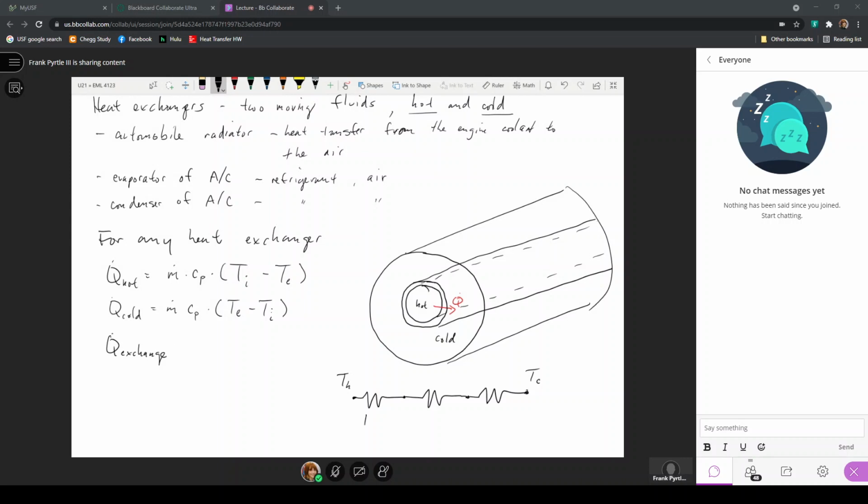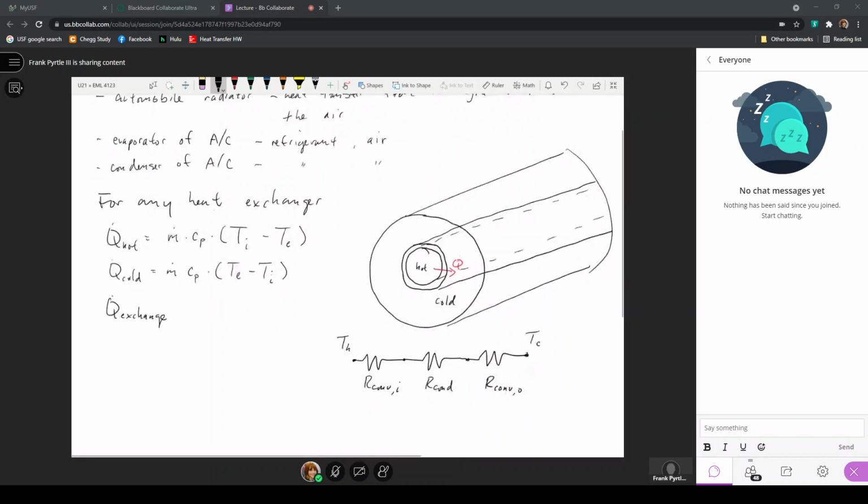And we would have a convection resistance on the inside, a convection resistance on the outside of this pipe, and we would also have a conduction resistance through the thickness of this pipe that separates the two fluids. So we could define a total resistance that we just call R, but it's just a sum of these thermal resistances here, two convection resistances and a conduction resistance.